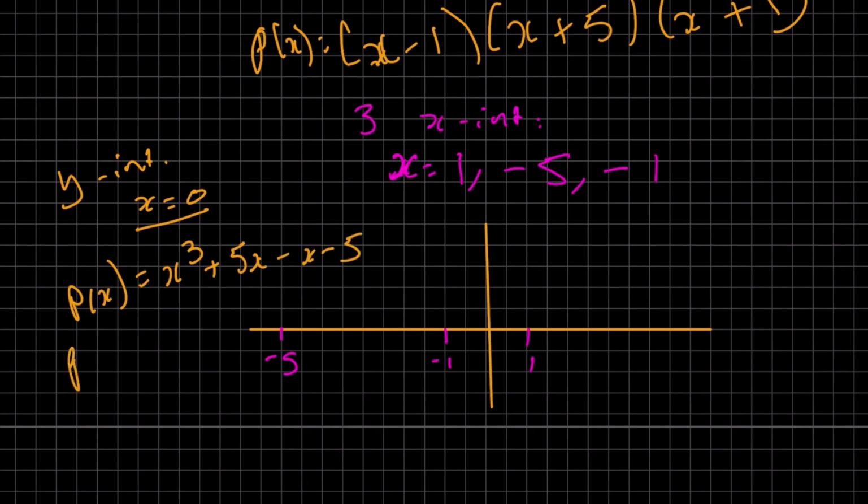If we substitute in x equals 0, we get 0 to the power of 3 plus 5 times 0 squared, minus 0 minus 5. So this should give us p of 0 equals -5. So your y-intercept will be at -5, somewhere down here.